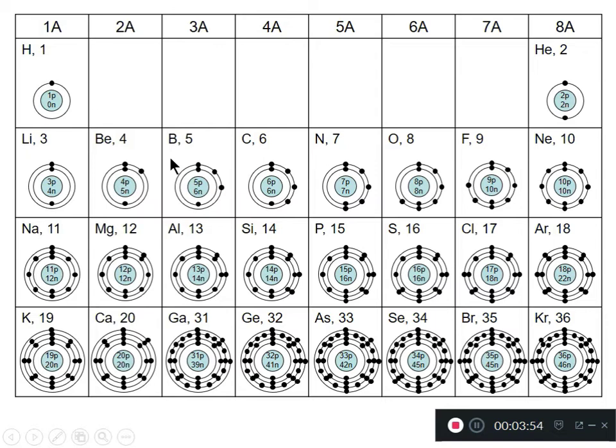Another question it asked is, what about the relationship between neutrons and protons? They're talking about less than 20 and then greater than 20. So let's just look. I have 1 and 0, 2 and 2, 3 and 4, 4 and 5, 5, 6, 6, 6, 7, 7, 8, 8, 9, 10, 10, 10, 11, 12, 12, 12, 13, 14.